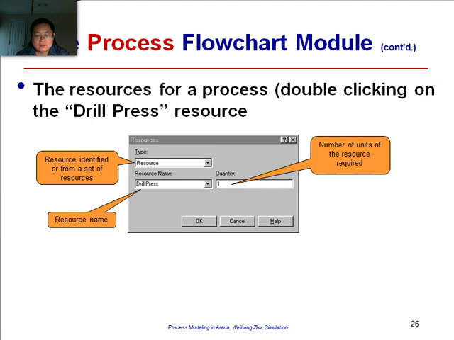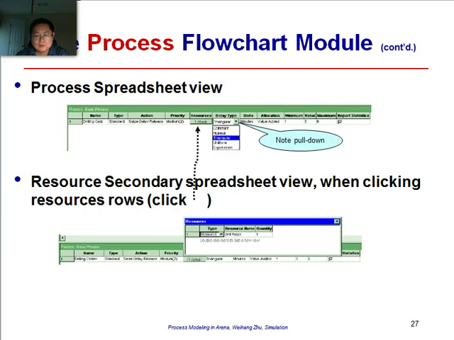In the process dialog, if you double-click the resource, another dialog box will pop up to show you the resource. You can add, edit, or delete resources. In this slide, the upper figure shows the process data in the spreadsheet view.